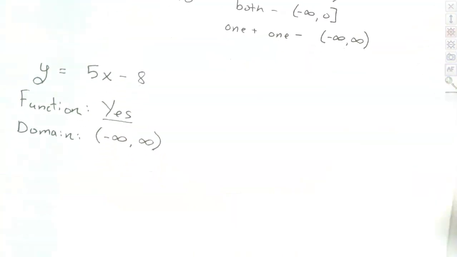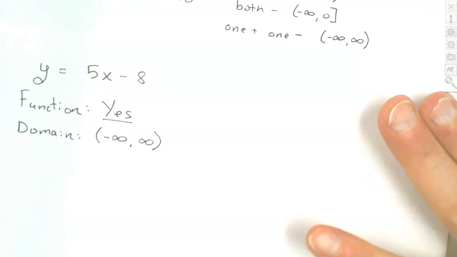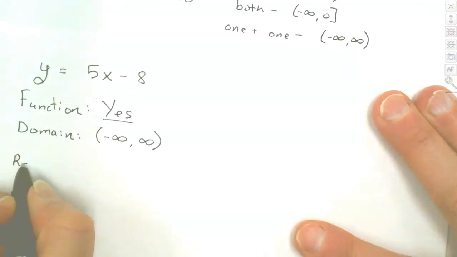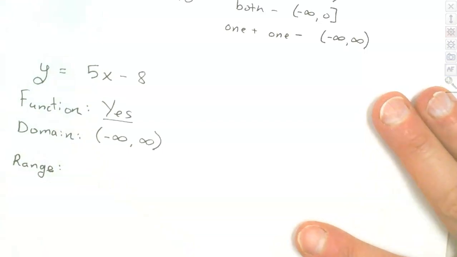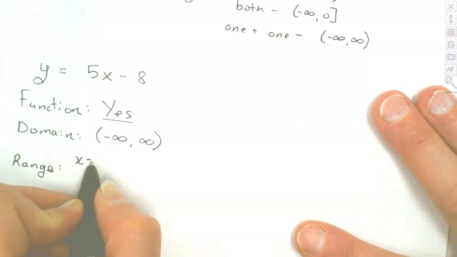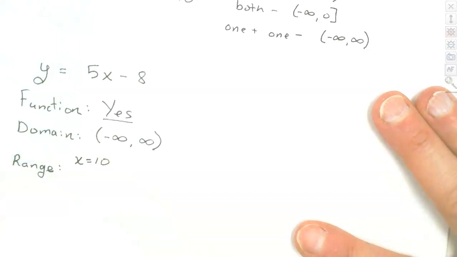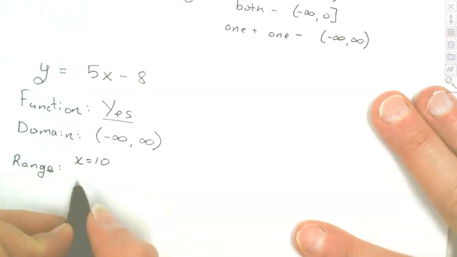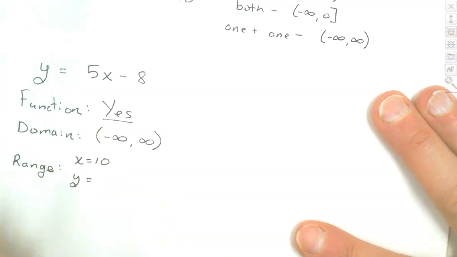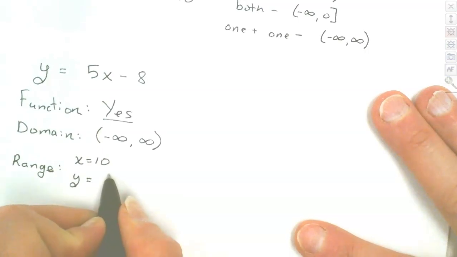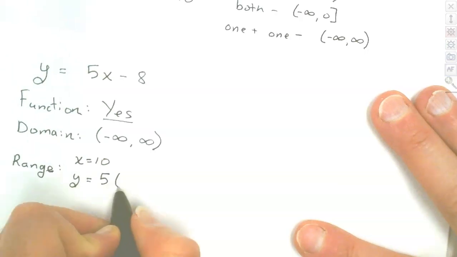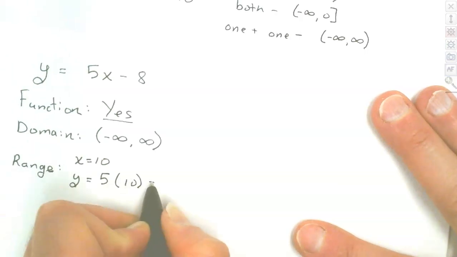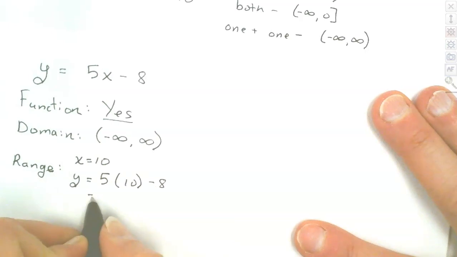What about the range? Well, for the range, we check values. We're going to check x equals 10 first. And so we're going to plug that 10 into our equation, which is y equals 5x minus 8. And we'll work that out.